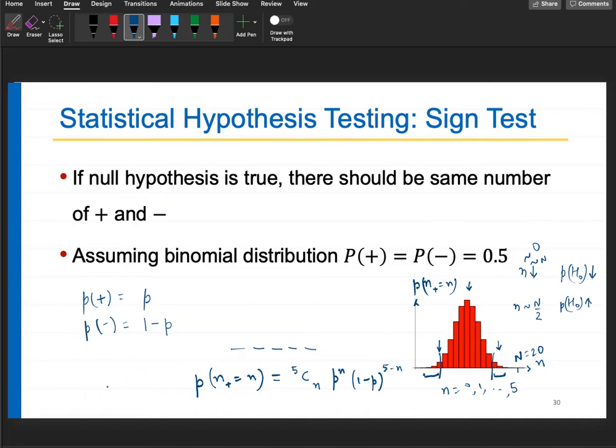And I call this as P. Oh no, this P is different from that P. Let me call this as P dash so that we don't get confused. So my P value is this area plus this area.